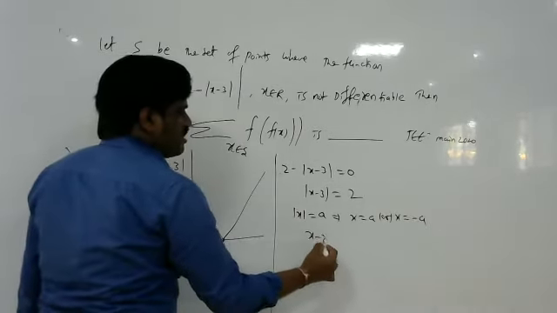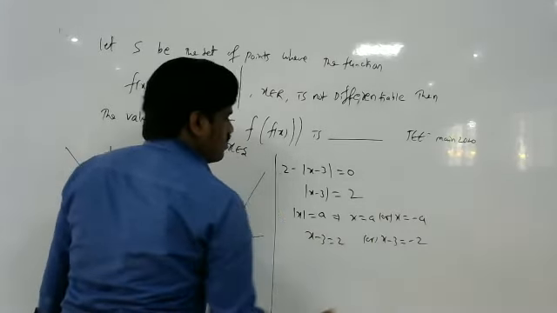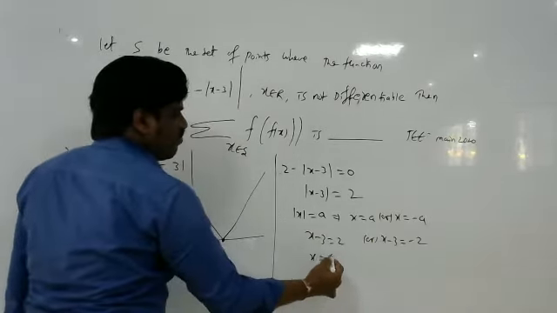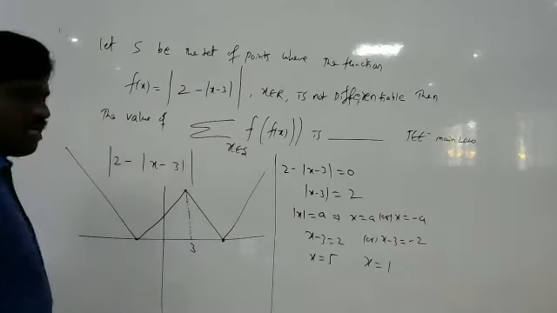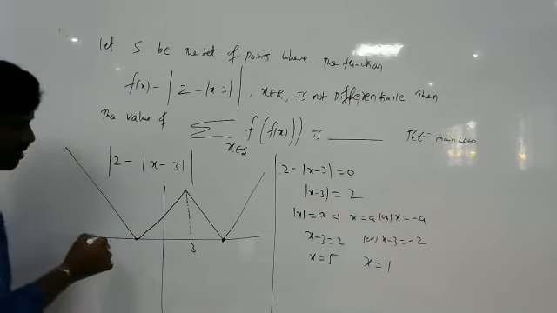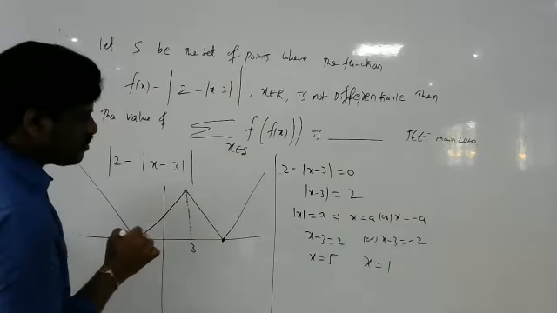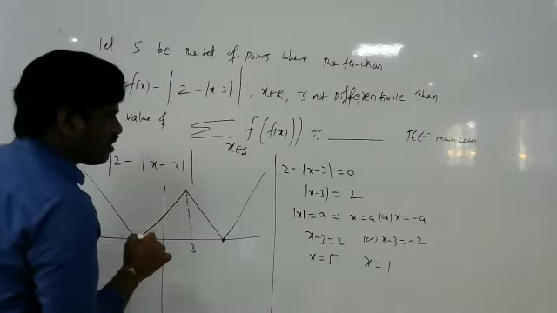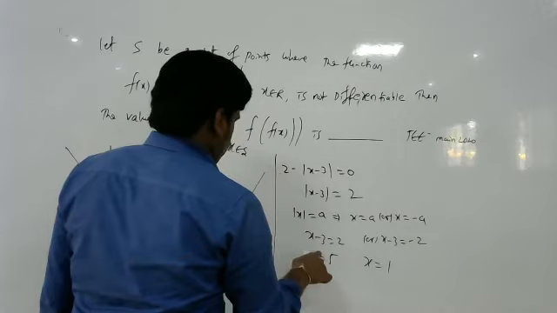So x minus 3 is equal to 2 or x minus 3 is equal to minus 2. So x is equal to 5 or x is equal to 1. Correct? So this point will be 1, right? Yes, 1.